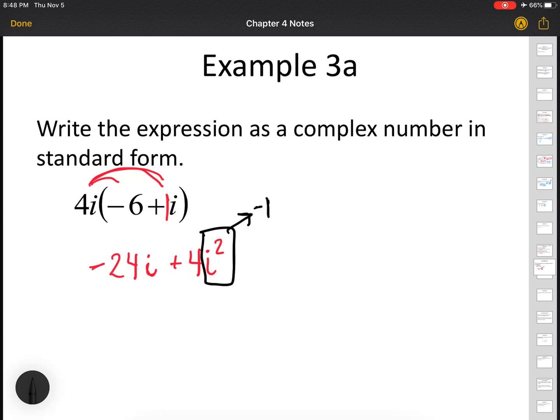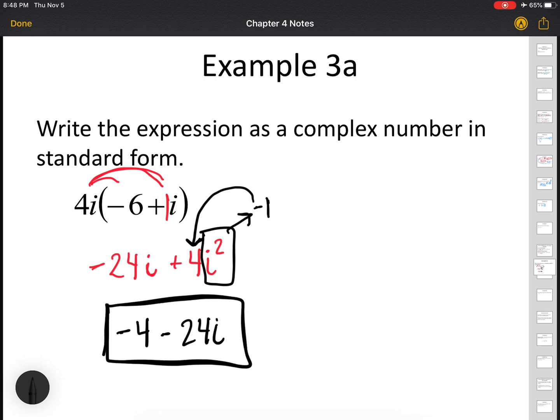I always try to make that a negative 1 because that's very important to pull out, which basically turns the sign on the number out front to its different sign. And I'm going to pull that number out front, so it will become a negative 4 when I change its sign. And I'm going to write the imaginary part last. So there is my complex number where the real part is in the beginning.